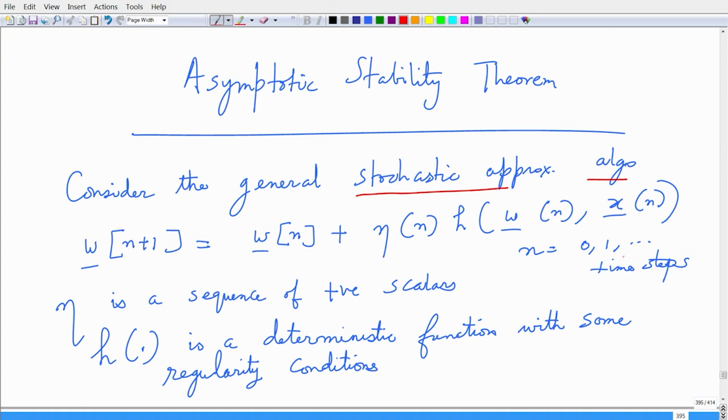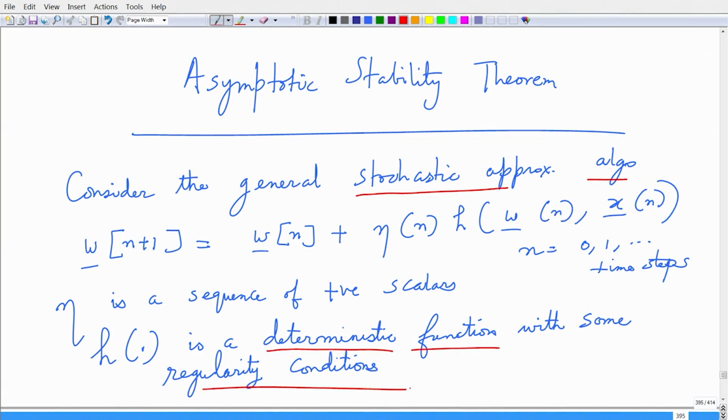n equals 0, 1 and so on are discrete time steps that you want to proceed till there is convergence in the algorithm. Eta is a sequence of positive scalars. In this case they are learning weights. H is a deterministic function with some regularity conditions.